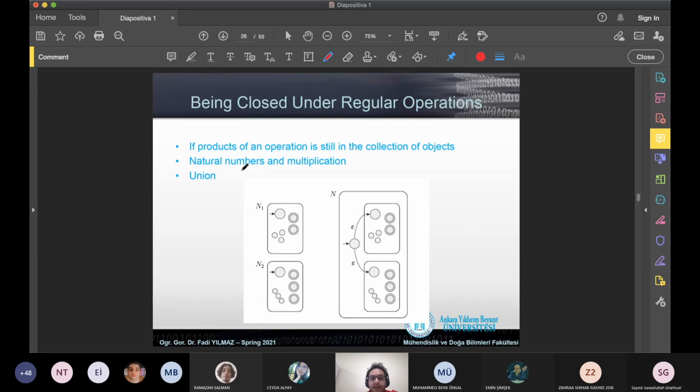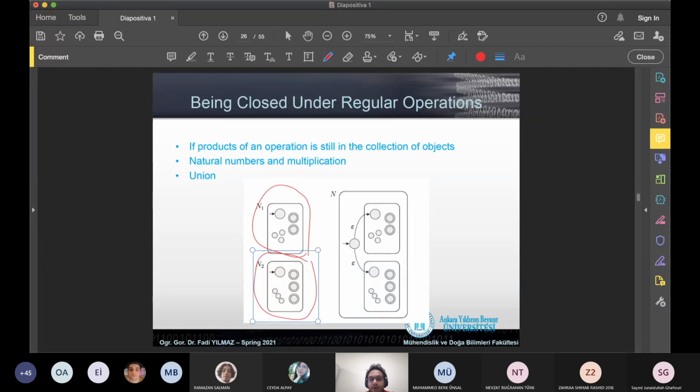Here we have one set and another set. If you're going to perform the union, how do we do it? We just have the start states, and connect them with the empty string. Then we have the union.